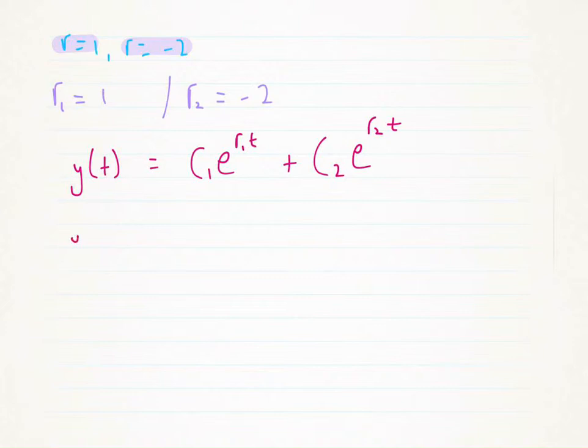Okay, so that's y of t is equal to c1 e to the 1 times t plus c2 e to the minus 2 times t. Okay, you're okay with that? Right. That's our first one.